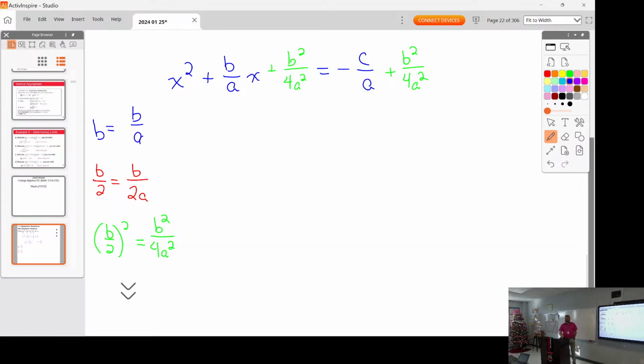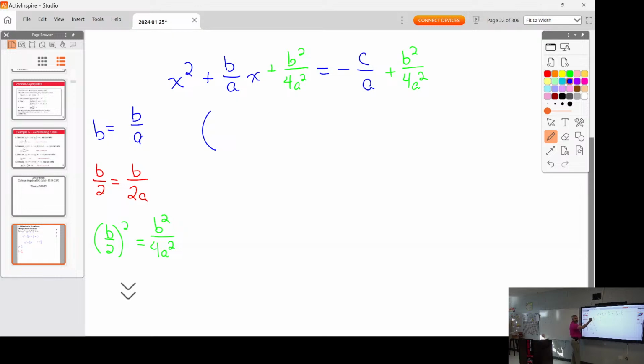Good. The left side is a perfect square. The left side factors. I guarantee it factors because we made it a perfect square. It will factor into, and this is always the same when you complete the square, it's going to factor into whatever the square root of this guy is.